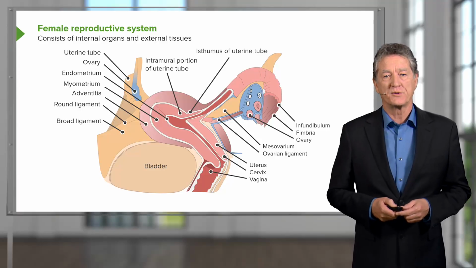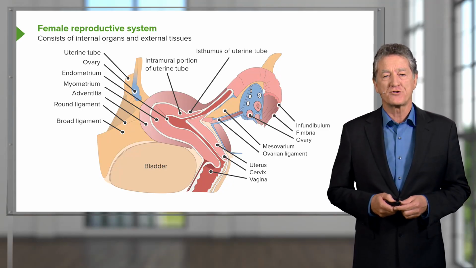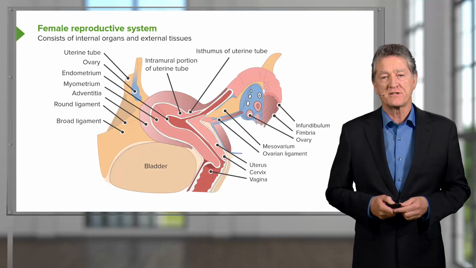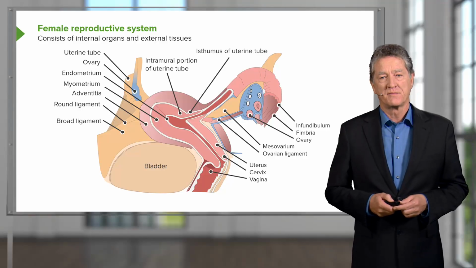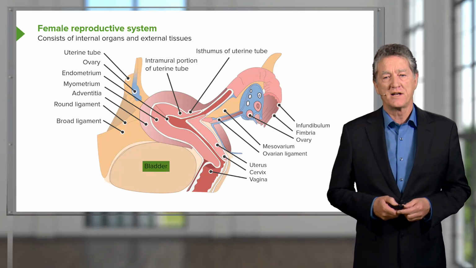It's a little bit too difficult when you first look at this diagram and try to understand all the structures shown without first orientating yourself. Try and identify the bladder in this diagram. On the right-hand side, you can see the vagina labelled.